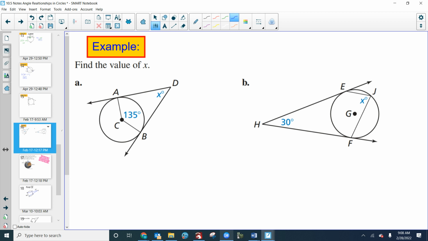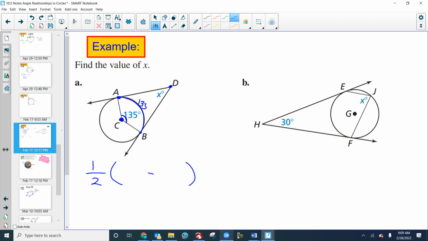All right. This one. Careful. This vertex is outside, so I'm thinking half outer arc minus inner arc. However, I don't have either one of those. Or do I? All right. This 135-degree angle is a central angle. The arc that it goes to is congruent.